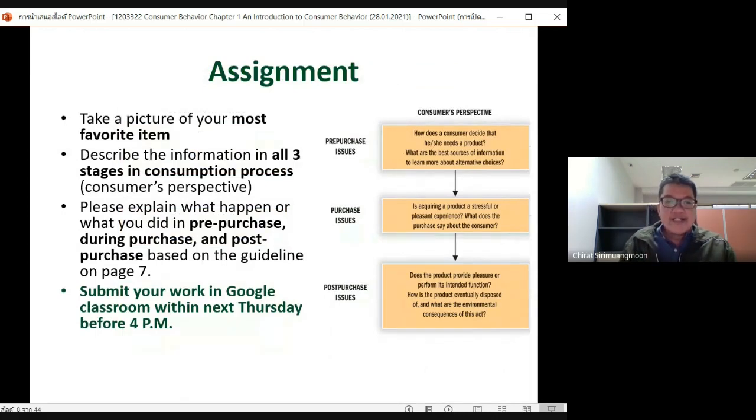Okay, I would like to ask you to do one assignment for this chapter: please select only one most favorite item. Then describe the information in all three stages from the consumer's perspective. You can use the guideline here and try to explain what happened with your favorite product before purchase, during purchase, and post-purchase.